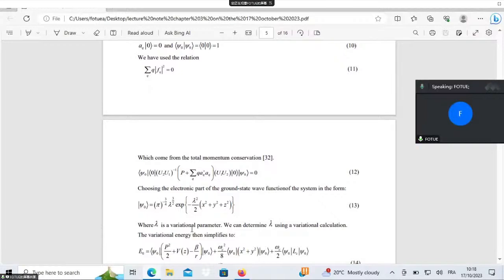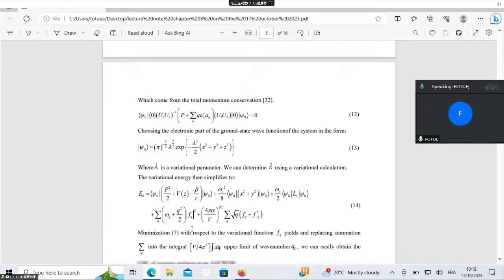So if we apply the first and the second unitary transformation, and also apply the ground state wave function composed of the 0 phonon state and the electronic part, we arrive at this expression.